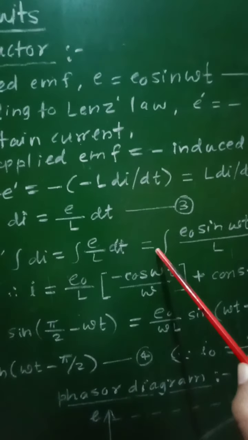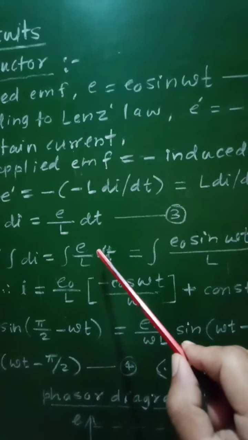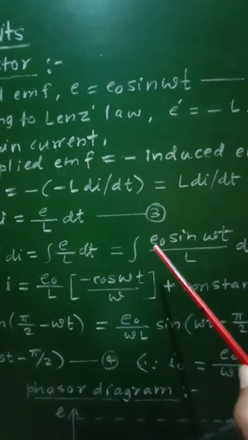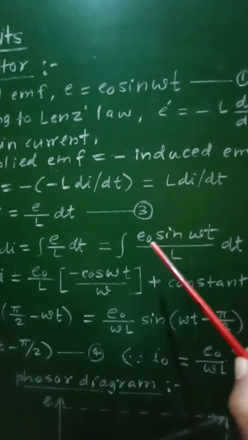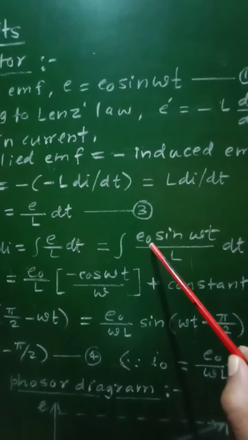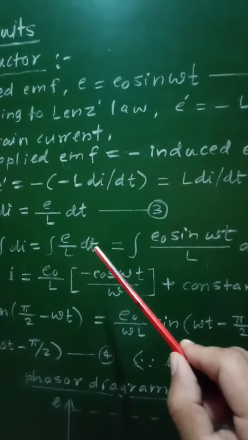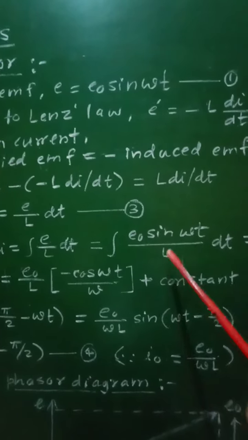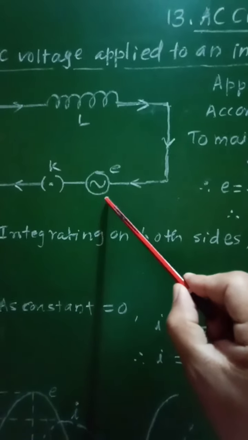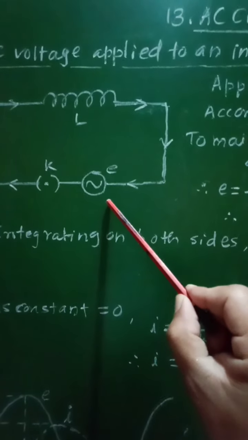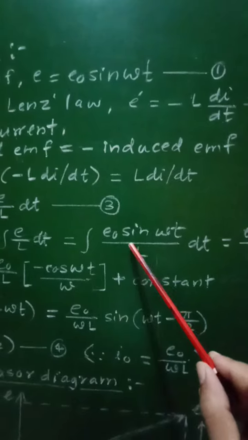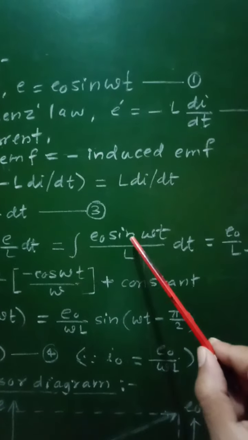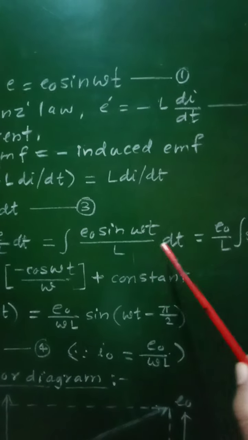Now the value of E is E0 sine omega t, where E0 represents the peak value of EMF. So E is replaced by E0 sine omega t, and we get integration of E0 sine omega t upon L dt.